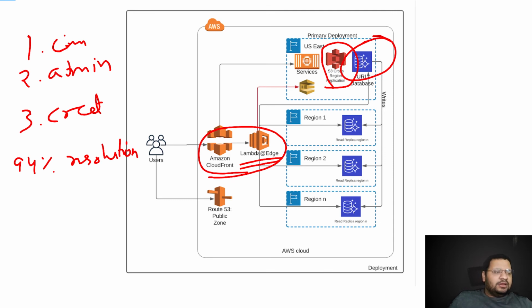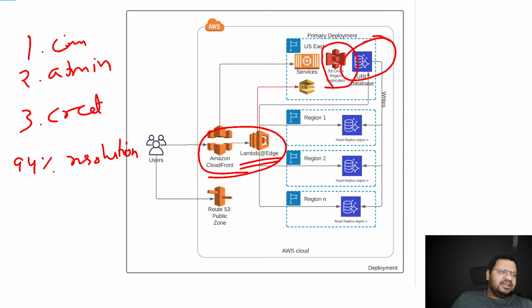So what will happen now? Coming to the flow, the user would again hit the Route 53 public zone to access the endpoint for the service. The request would come to CloudFront, and to the Lambda deployed at the edge. The request would be forwarded there, and from there, to the read replica in that particular region with the minimum latency.